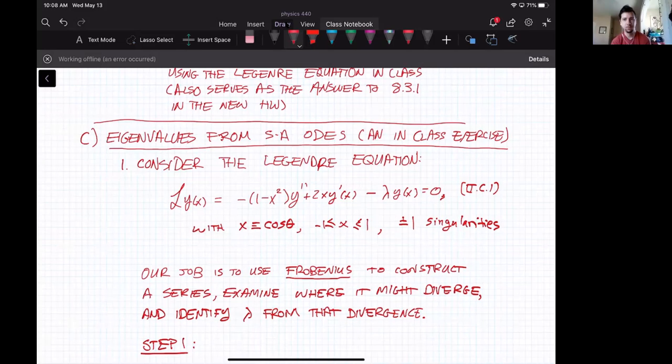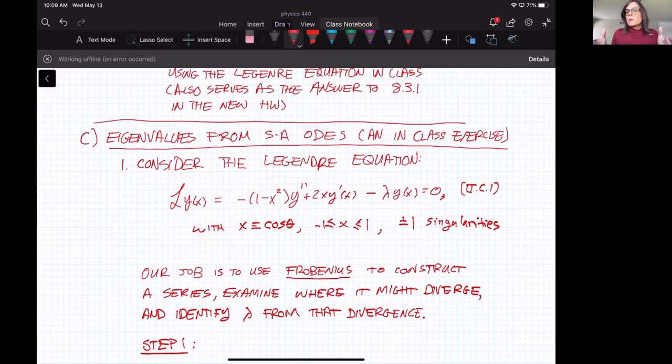Right? And if you've looked at what your book says, in fact, the series solution does not converge at the endpoints. And so one of the things that comes out of this whole development of series solution for ordinary differential equations is that if they diverge at an endpoint, then the eigenvalue problem actually shows us where we can cut off the series.